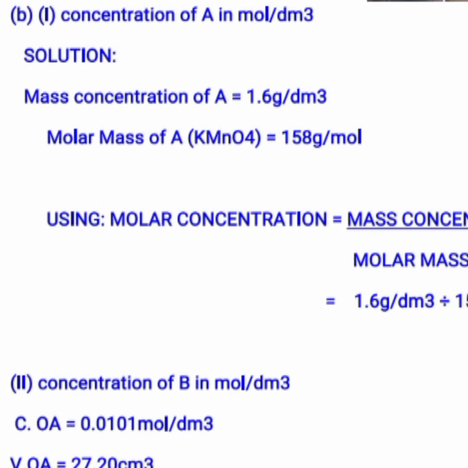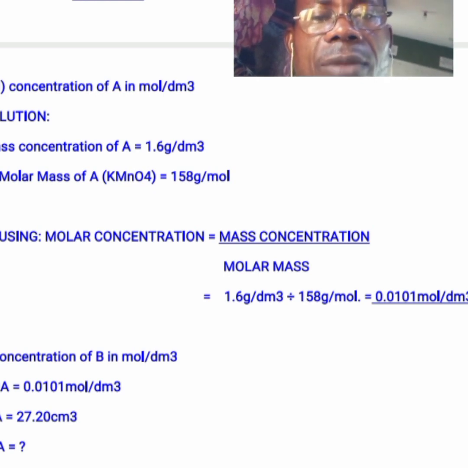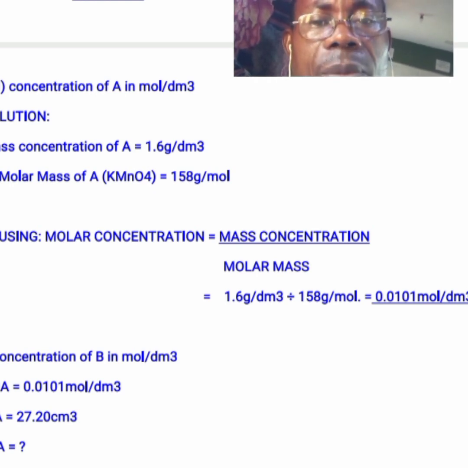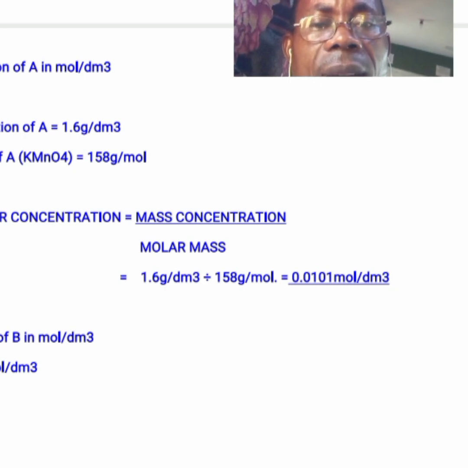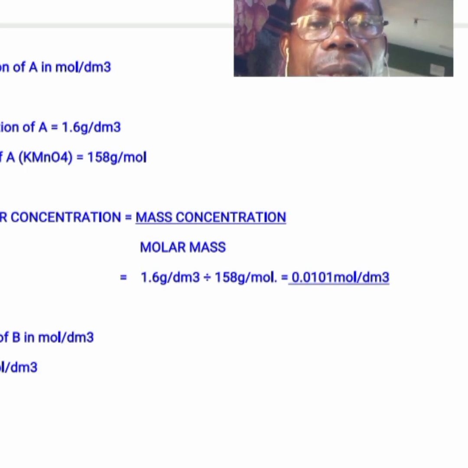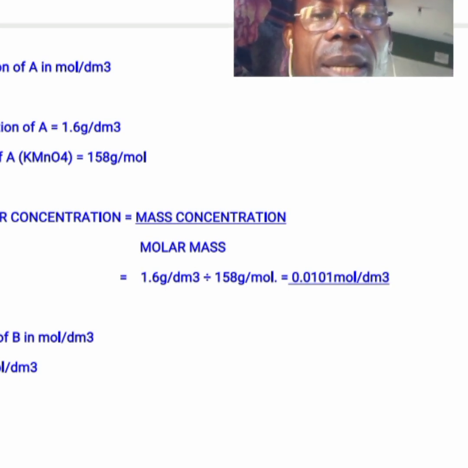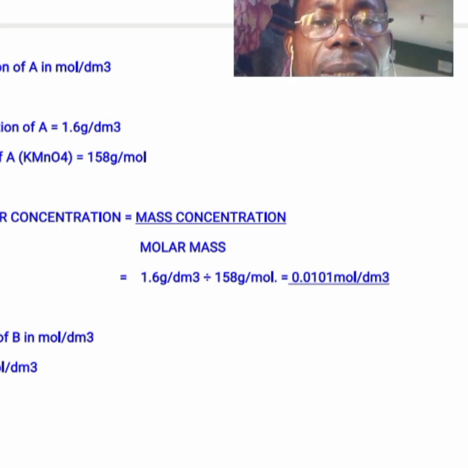Using the formula, molar concentration equals mass concentration divided by molar mass, we divide 1.6 gram per dm cube by 158 gram per mole and we get 0.0101 mole per dm cube. You must write your answer to 3 significant figures, as you can see there.